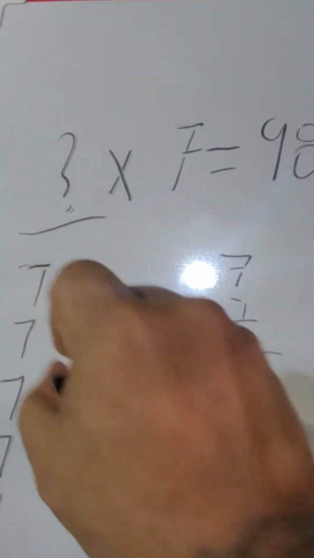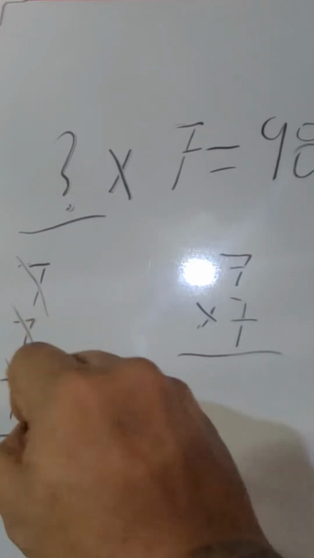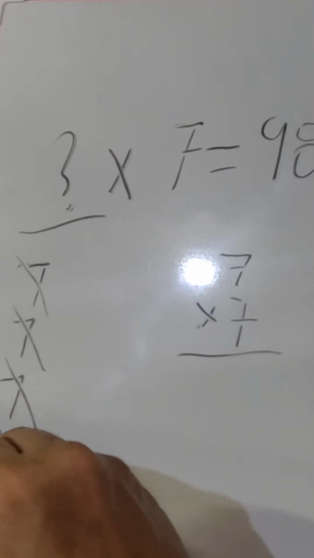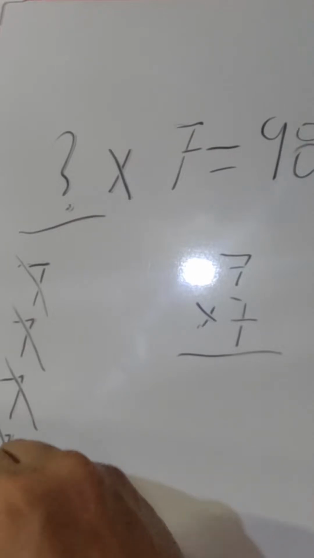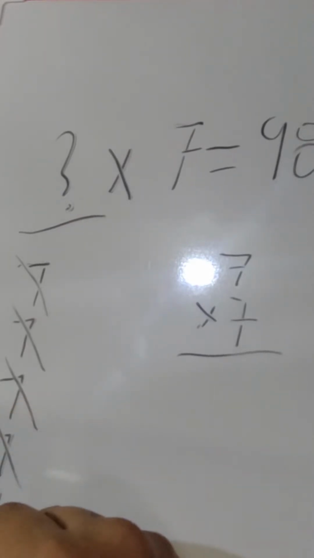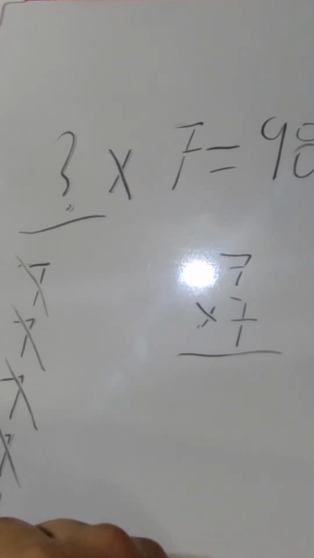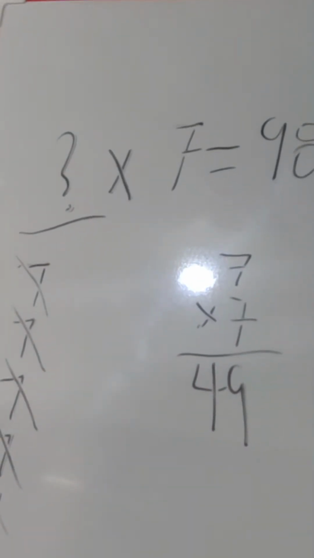Okay, let's do it right now. 7, 14, 21, 28, 35, 42, 49. So 7 times 7 is 49. It is not 98.